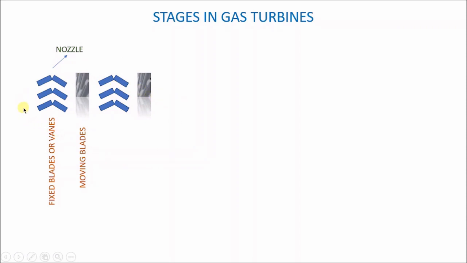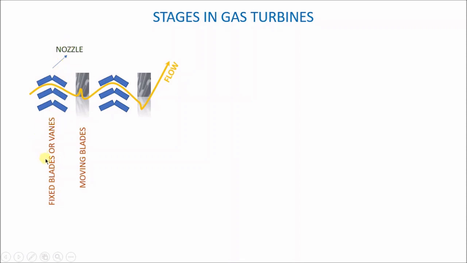So therefore, when you have to draw the velocity diagram of a two-stage gas turbine, you are looking at a situation like this. And so the flow of the gas is going to be in that direction from the nozzle. Remember, I said to you, the first row of fixed blades is also referred to as the nozzle.